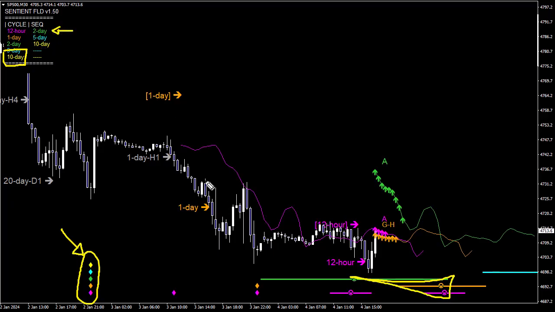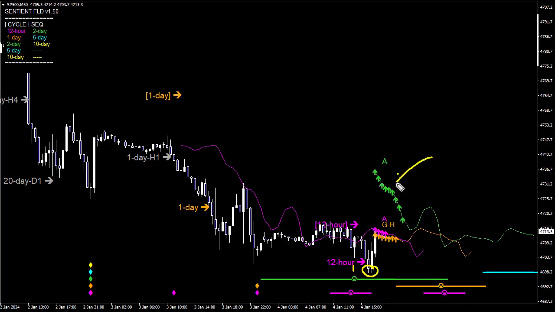And so we are looking at price coming down and forming a 2-day cycle trough. You can see that the circle and whiskers for the 2-day cycle nest of lows was actually just a couple of hours ago, indicating that it is possible that that 2-day cycle trough has now formed. This is a potential candidate for that 2-day cycle trough.